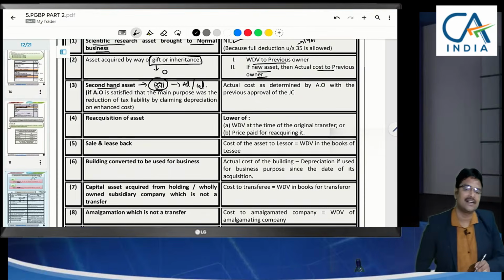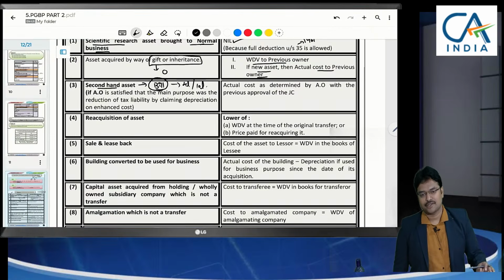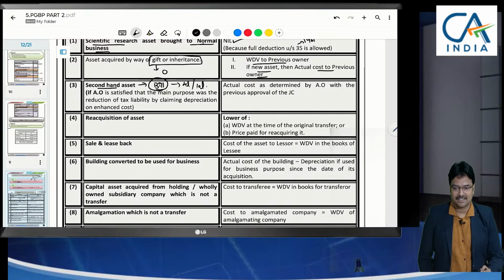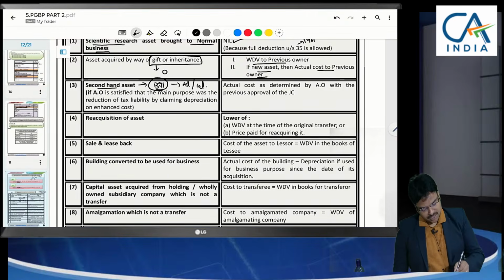How did you pay that amount? 10,000 per day cash we have paid. Like that they might enhance the value to claim additional depreciation. The value is increased, automatically depreciation also will increase. Keeping that in view, for second hand assets purchase, the value will be determined by the assessing officer only.